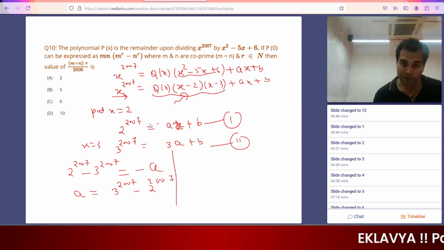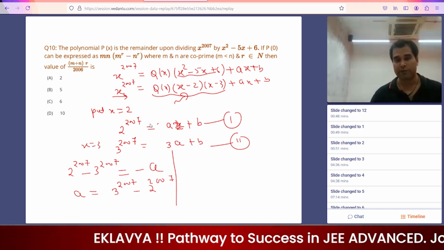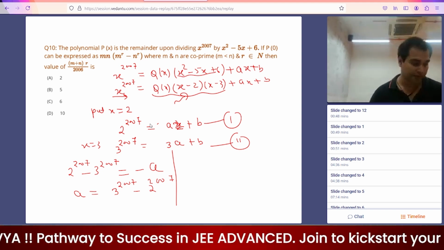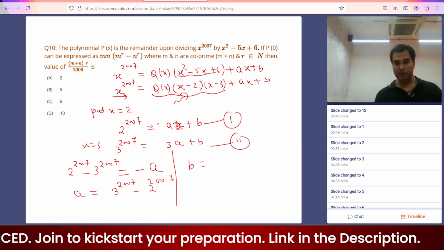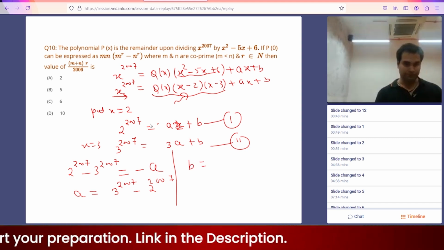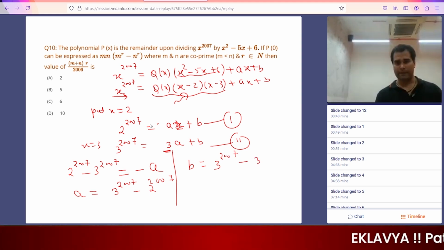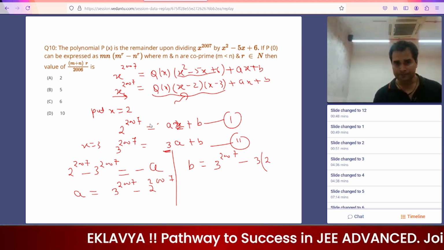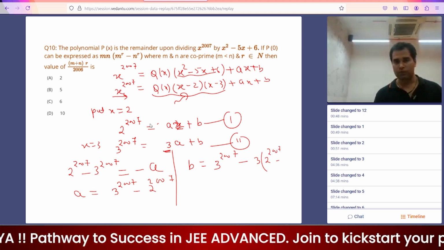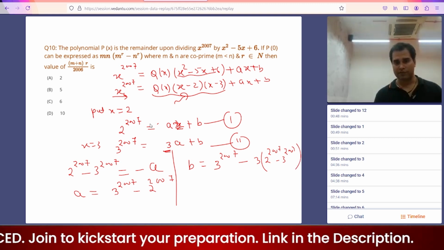If we put this value of a into one of equation 1 or equation 2, we will get b. So b equals, here we will put 3^2007 minus 3 into 2^2007 minus 3 times 2007.